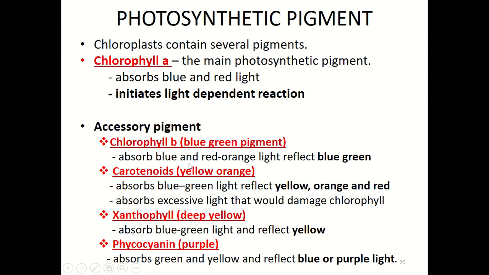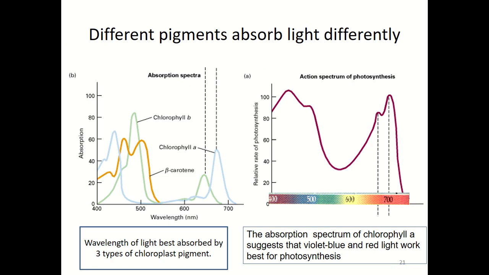Carotenoid can be found in oranges and carrots, okay? And then xanthophyll will absorb blue-green light, however it reflects the yellow color. And phycocyanin absorbs green and yellow color, but reflects blue or purple light that is visible to our eyes.